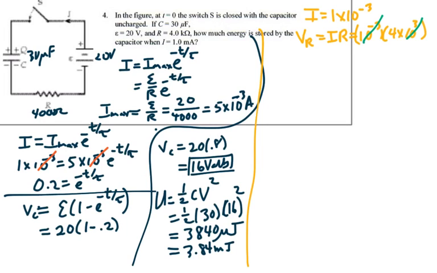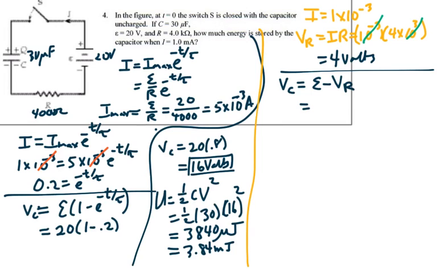And so at that moment, the voltage across the resistor is 4 volts. Hence, the voltage across the capacitor, which is the EMF of the battery minus the voltage across the resistor, according to Kirchhoff's voltage rule, would be 20 minus 4, or 16 volts.